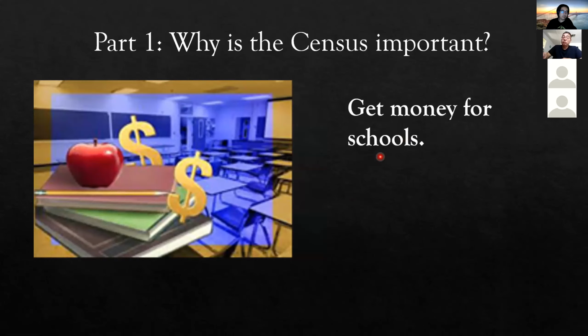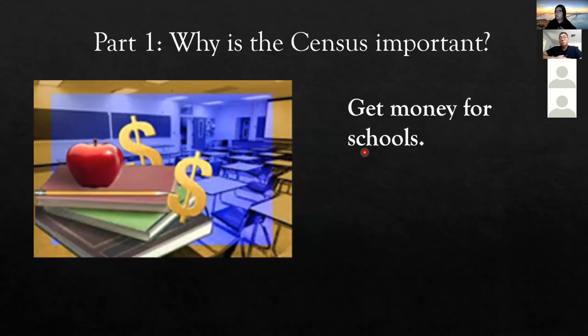You have children, and if you have children in school, the census will give money to the school for teachers and for students, young students. So why is the census important? This is get money for schools.